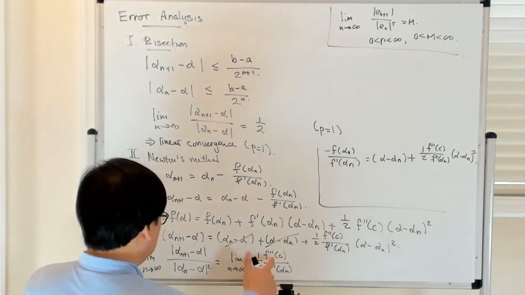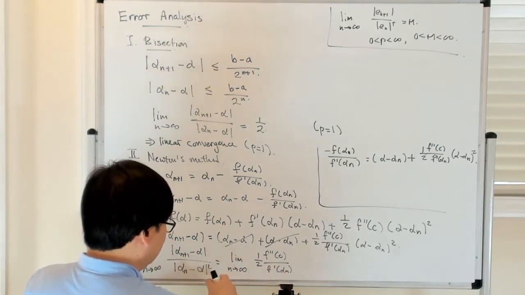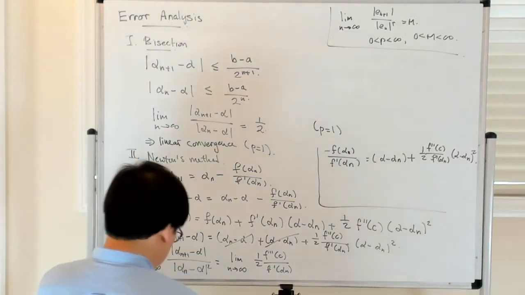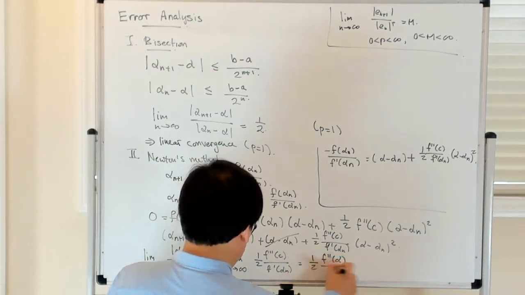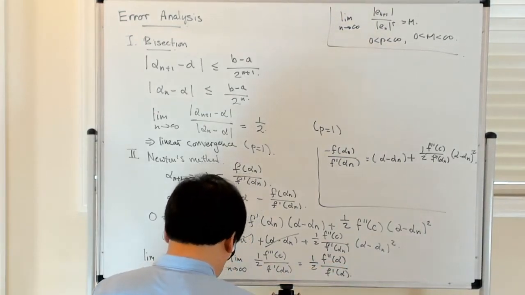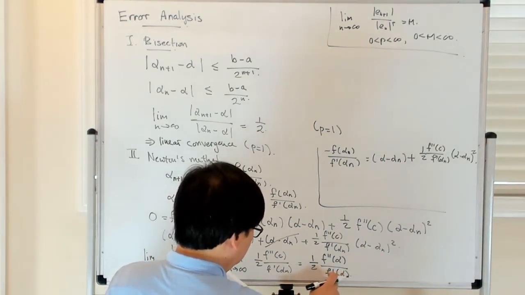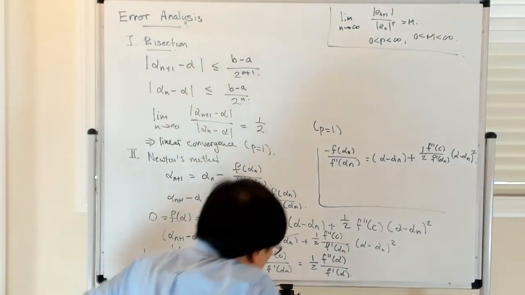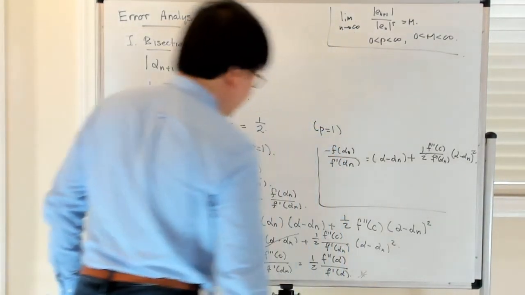But you recall c is between alpha n and alpha, and you assume ahead of time that alpha n converges to alpha. So this is equal to 1/2 f double prime at alpha over f prime at alpha. Okay, and then we assumed, if you recall, that f prime at alpha is not 0, right? Okay, so that guarantees that the method is at least quadratically converging.